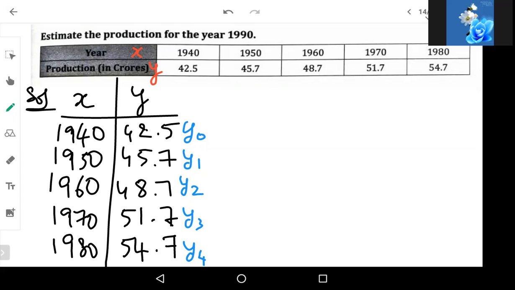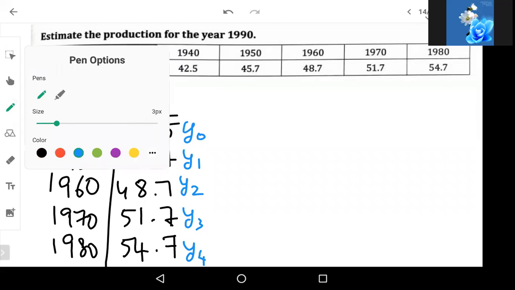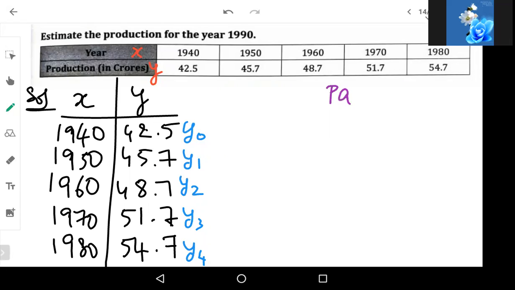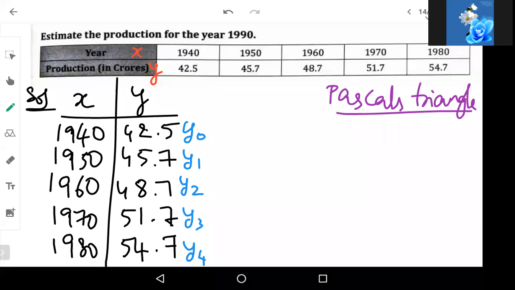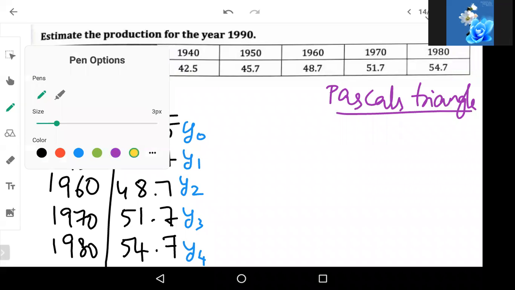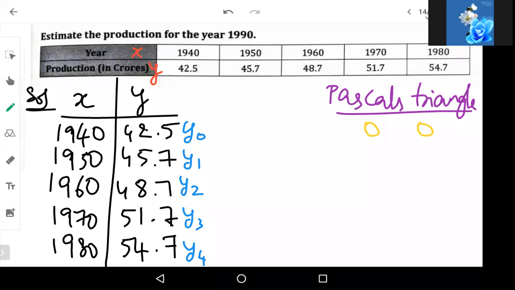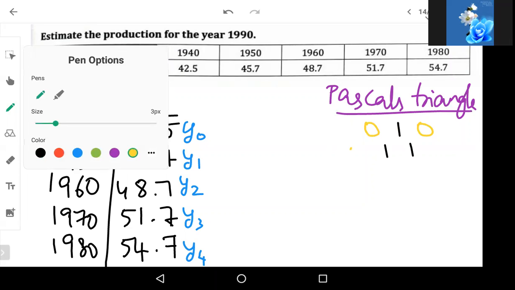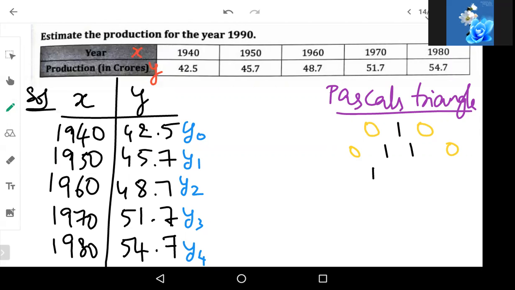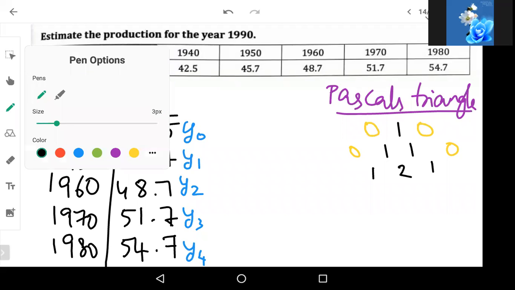Now after this, what should we find? We have to find Pascal's triangle. Now here we start with 1 and then we assume two zeros. 0 plus 1 is 1, 0 plus 1 is 1. Again we assume two zeros. Now it is 0 plus 1 is 1, 1 plus 1 is 2, 0 plus 1 is 1. Again assume two zeros.